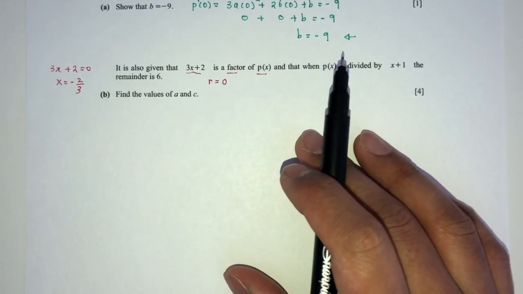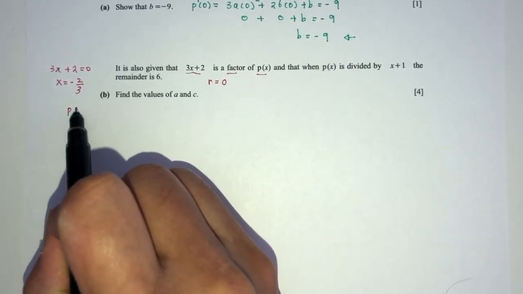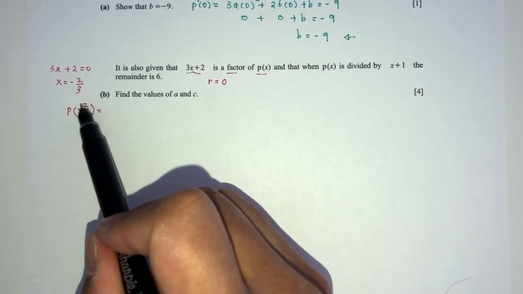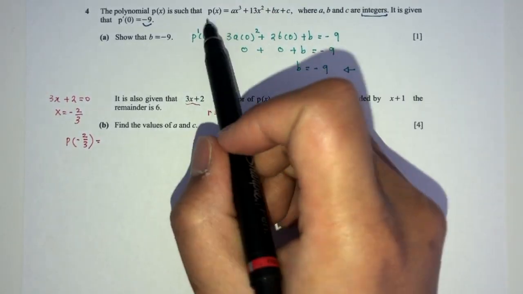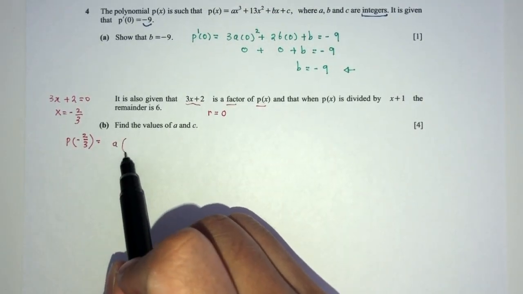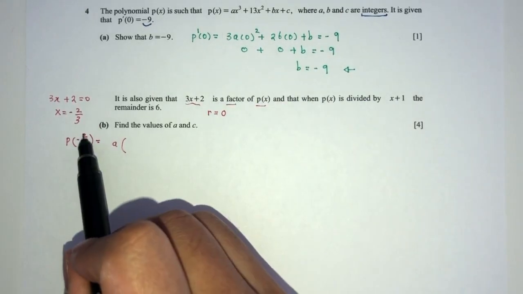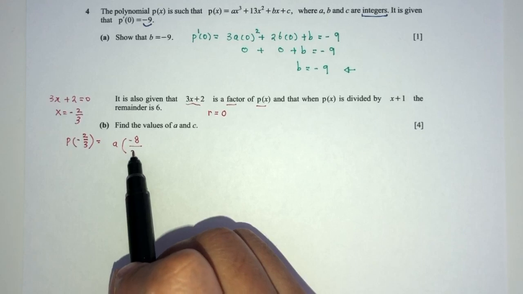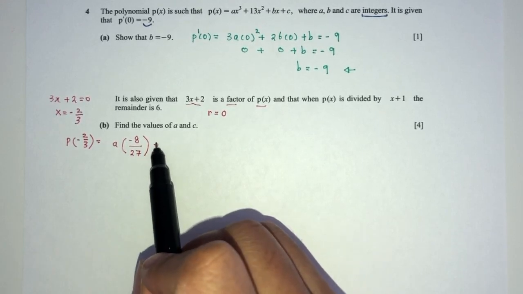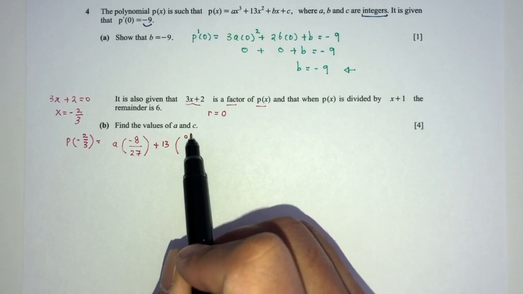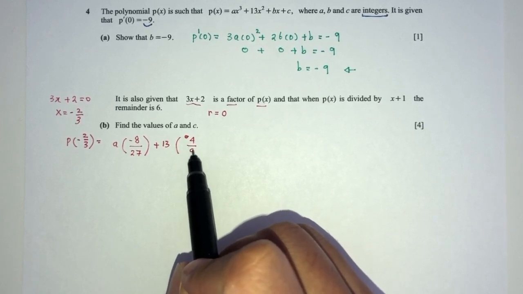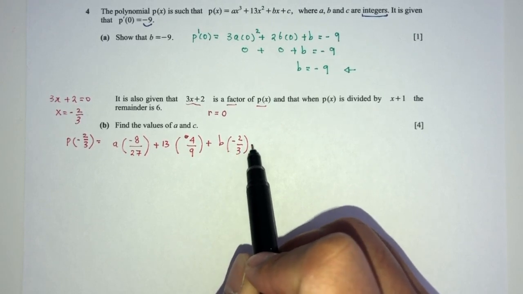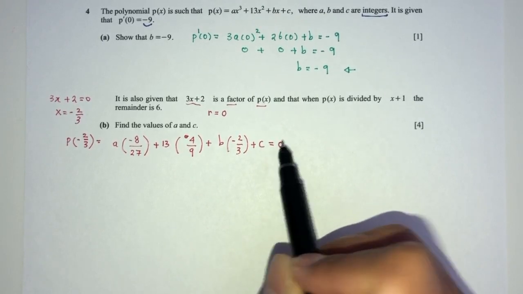So let's form an equation. So p of minus 2 over 3. Basically we're replacing the value of x by this in our equation. So we have a, and then x cubed, so this cube will be minus 8 over 27, plus 13 times x squared, the square will be 4 over 9, plus bx will be minus 2 over 3, and plus c, and that should give you 0 because the remainder is 0.